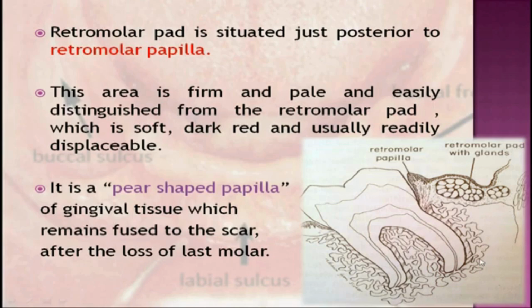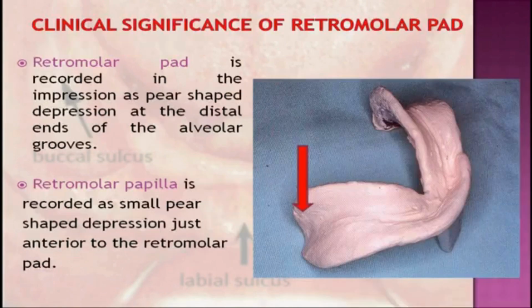The retromolar pad is recorded in the impression as a pear-shaped depression at the distal ends of the alveolar grooves. The retromolar papilla is recorded as a small pear-shaped depression just anterior to the retromolar pad.